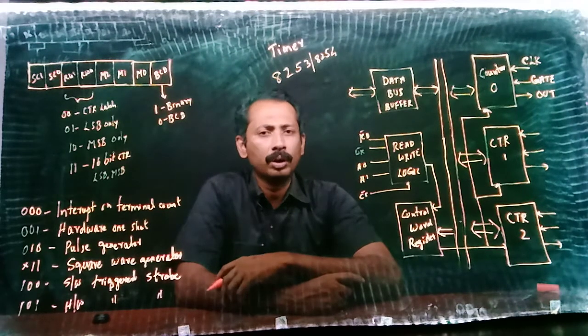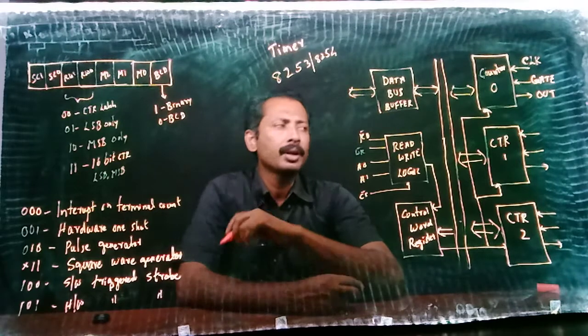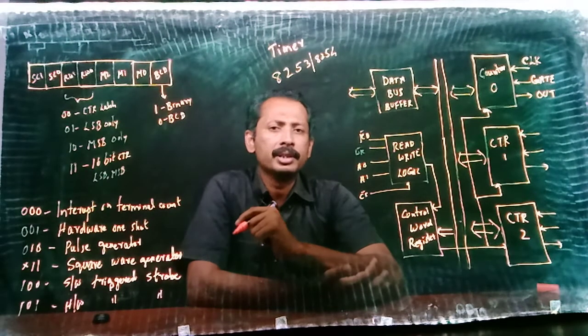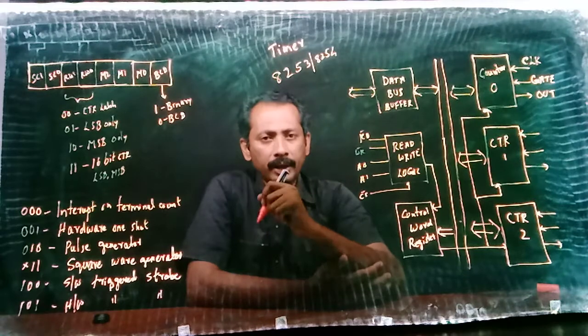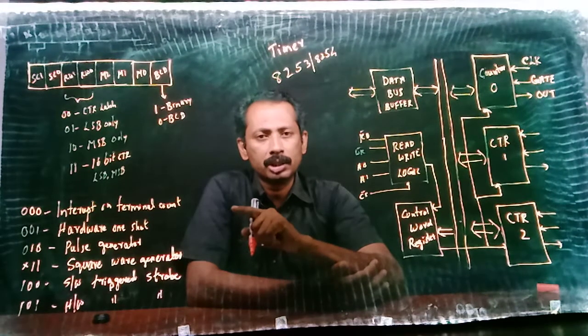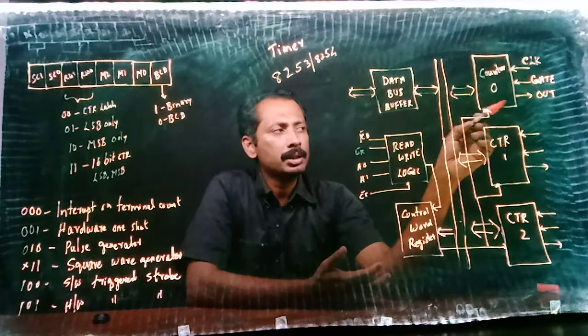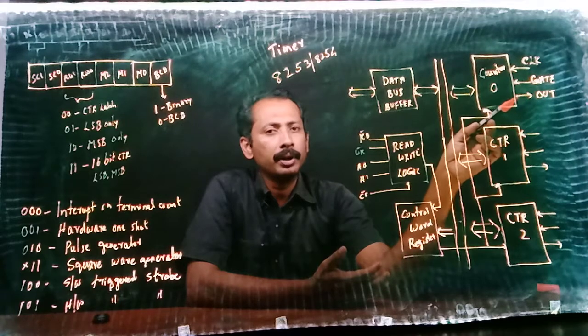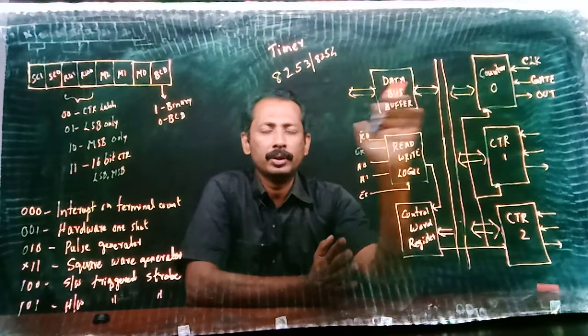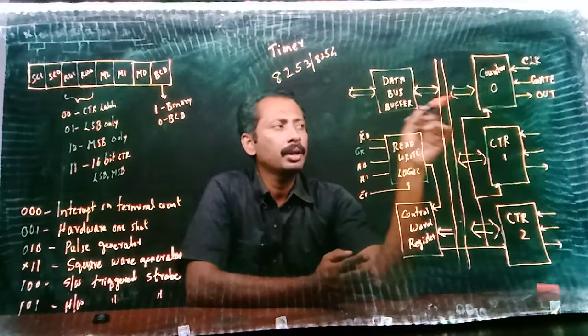The gate is enabled by applying 5 volts, or the high voltage, to the gate. High means 5 volts at the gate. Then during each clock pulse the count gets decremented. And when the count reaches 0, the state of the out pin changes. It depends on the mode of operation.